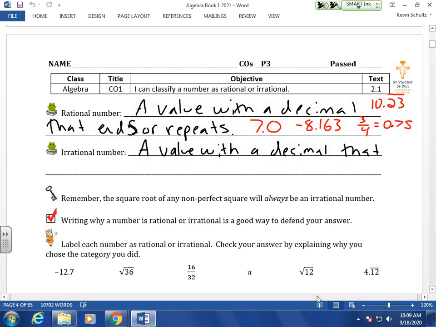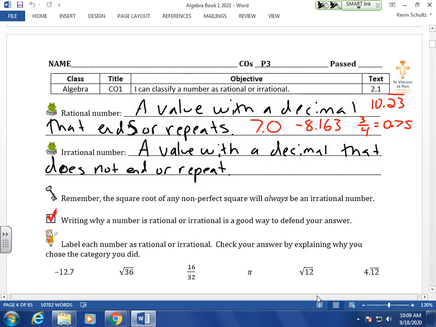I'm trying harder to write clearer here. Make my second grade teacher proud. It's a decimal that goes on forever without repetition.